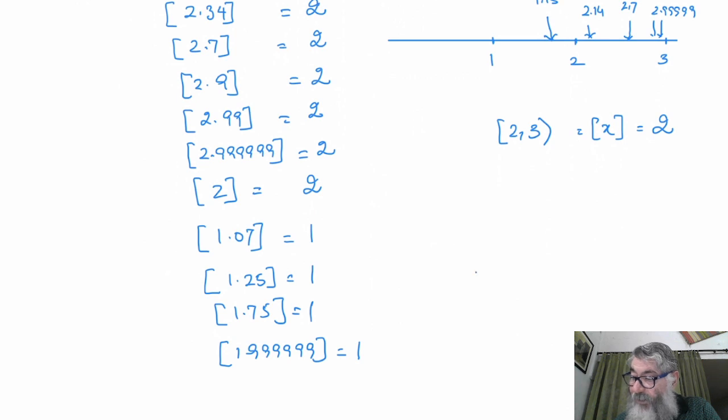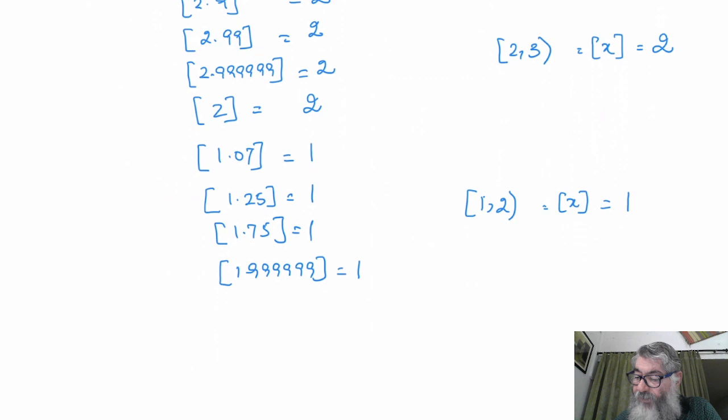So between 1 and 2, the greatest integer function will be 1. And if it is an integer itself, for example, if I say 10, obviously it will be 10 only. The greatest integer of an integer is the integer itself.